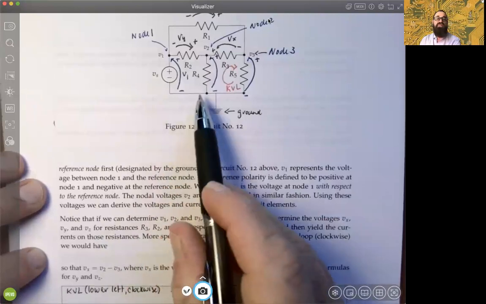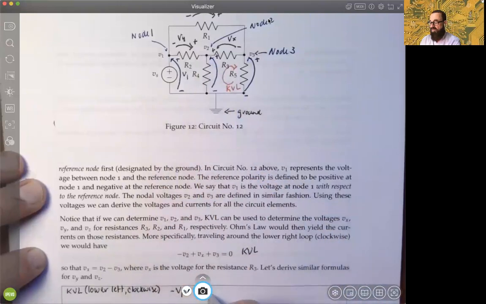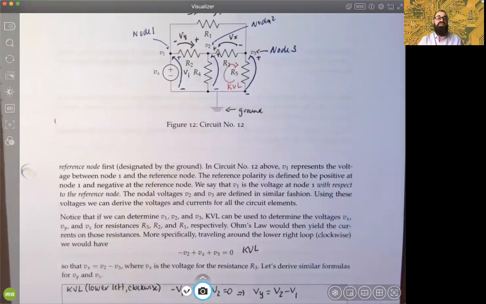And then we come into the positive polarity for that node voltage, so we get plus V2 equals 0. Solving for Vy, what does that tell us? That the voltage across that resistance is the difference between the node voltages 2 and 1, which kind of makes sense, okay? Again, it's the difference between those two.